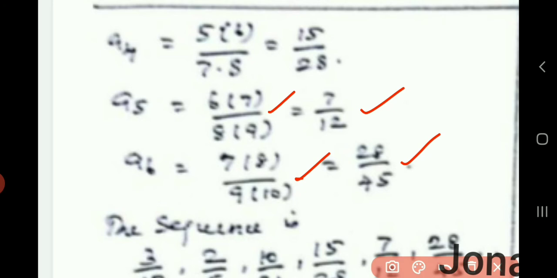So the sequence is 3 by 10, 2 by 5, 10 by 21, 15 by 28, 7 by 12, 28 by 45. So we want to find whether it is in AP or in GP. So the fractions are not in any order. So we can say straight away this is neither AP, GP nor HP.